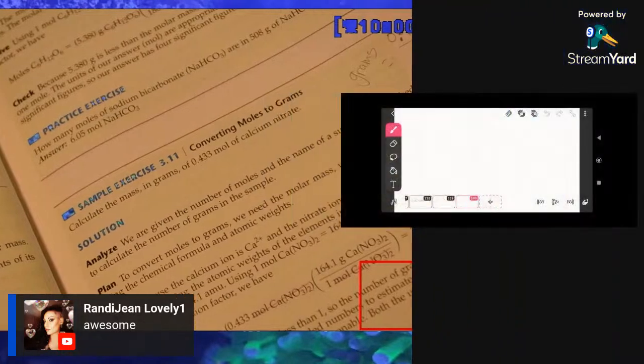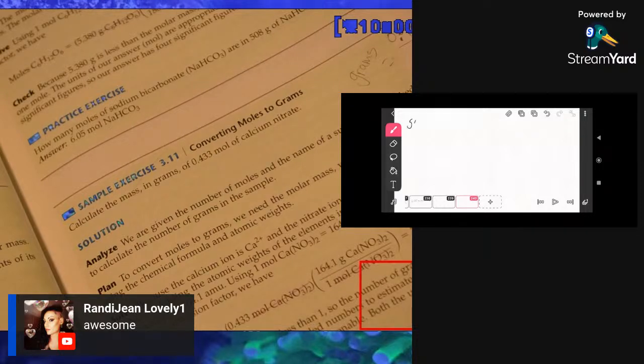Never mind. So calculate the mass in grams of 0.443 moles of calcium nitrate. All right. So like I said, this chemical, you could probably find it in salt water also. Even in fresh water, calcium nitrate. So anyways, let's write down what we know. They want to find out the mass in grams.